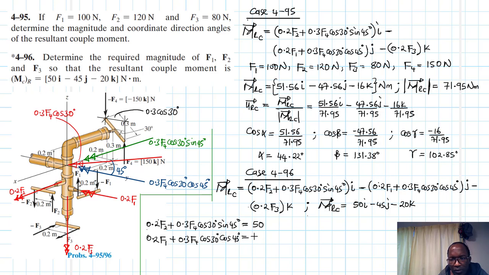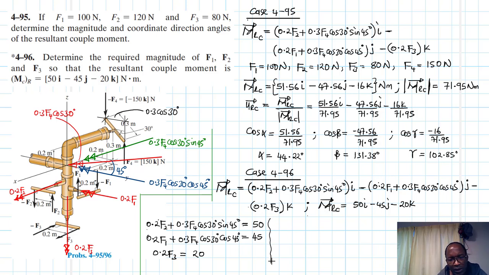This is equal to 45. Both are minuses, so the minuses will cancel. And then we have the last one, 0.2 F3. The minuses again will cancel, equal to 20.